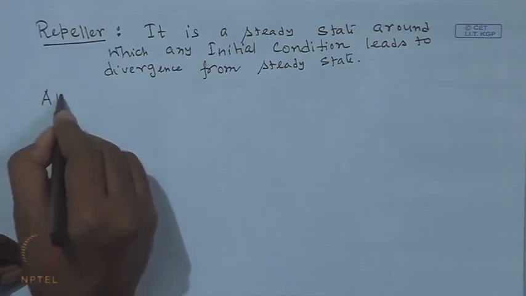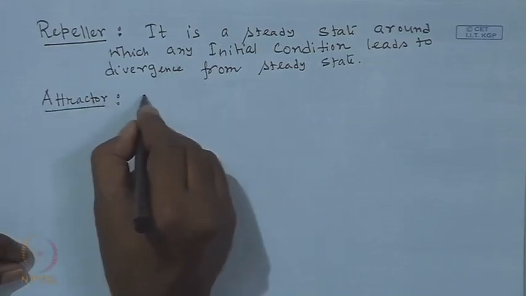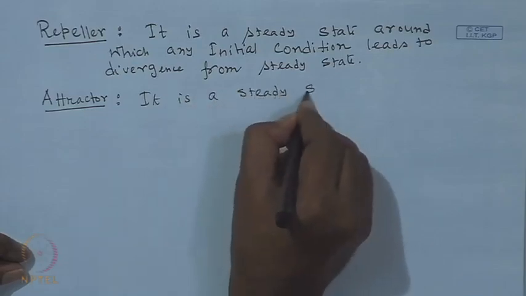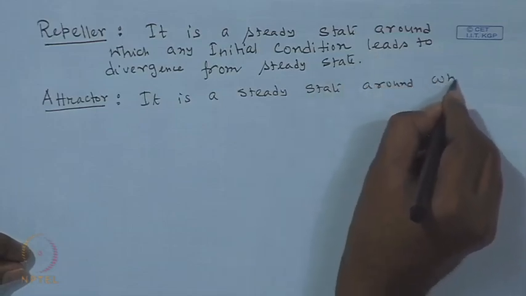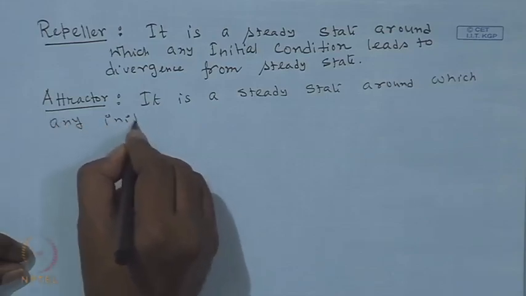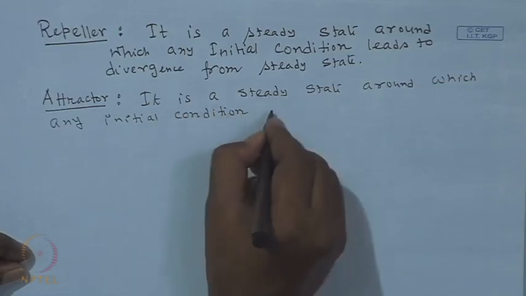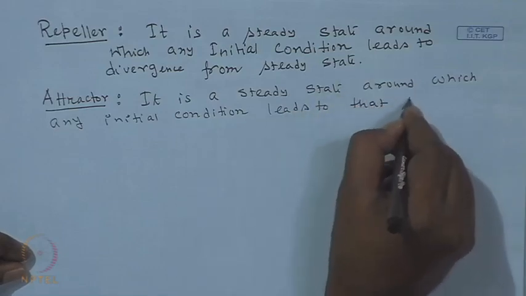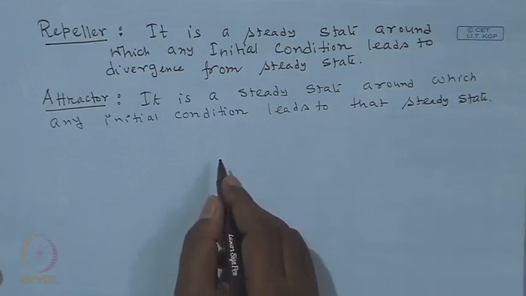Then the attractor: this is a steady state around which any initial condition leads to that steady state. So, that steady state is called an attractor.